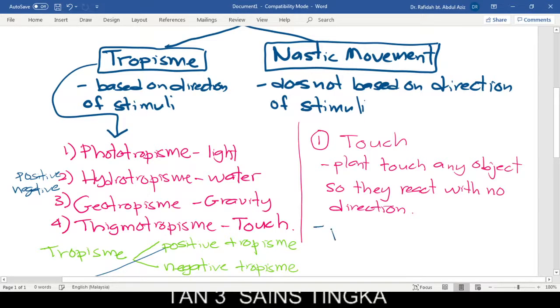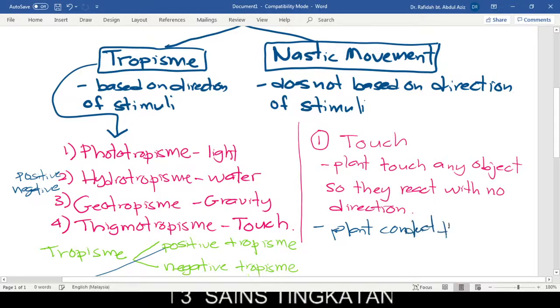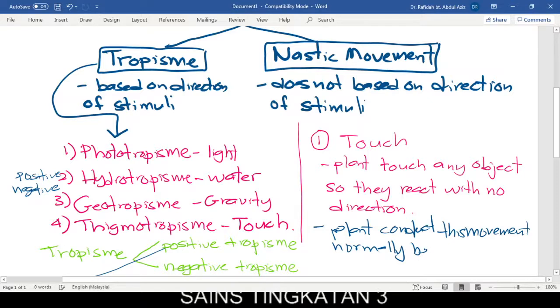All this movement is exactly based on protection. Plants conduct this movement normally because of protection.